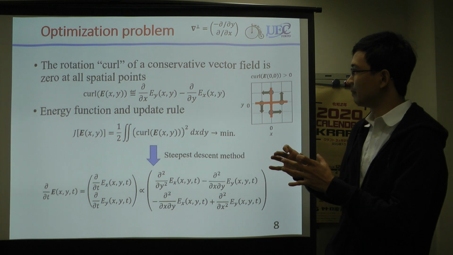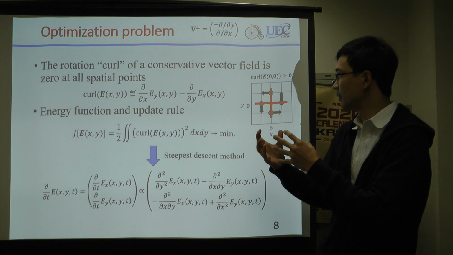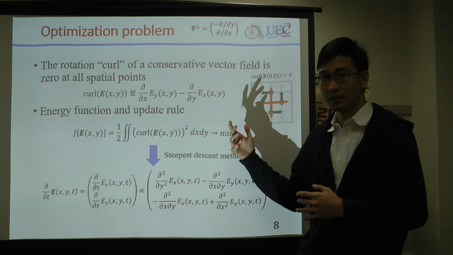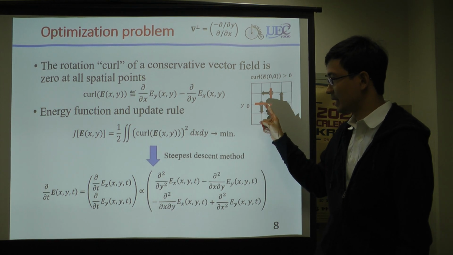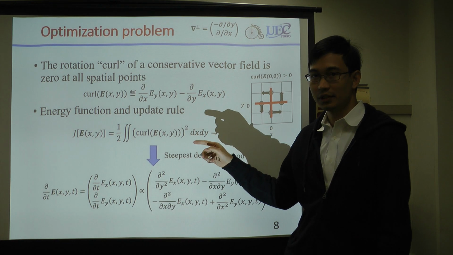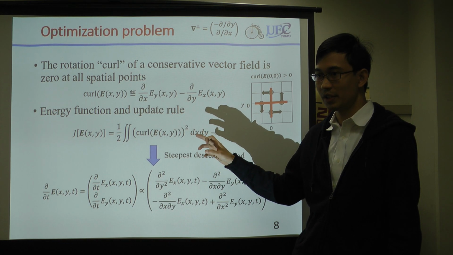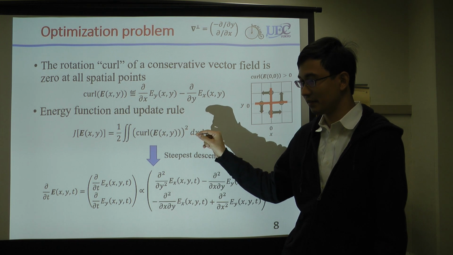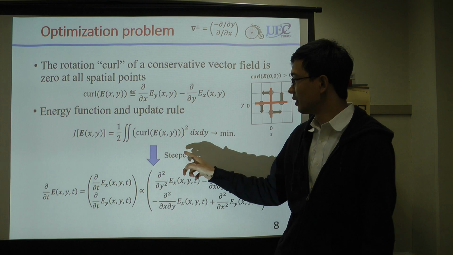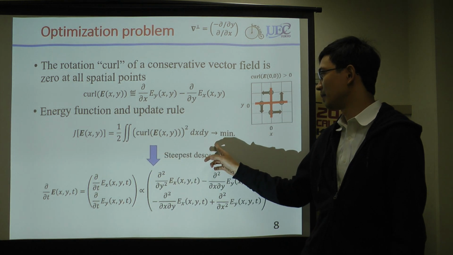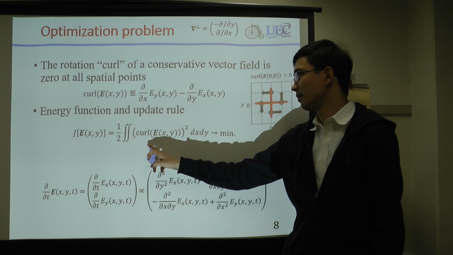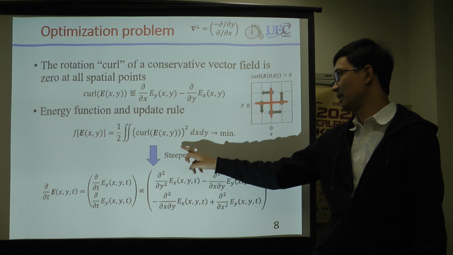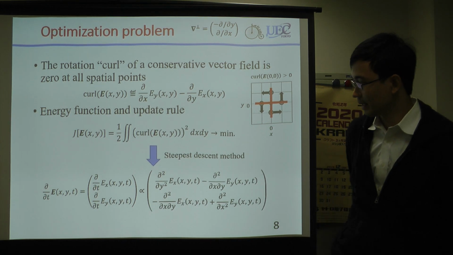So we have a function which calculates rotation or curl, and we want to make sure that the rotation at every point in the vector field is 0. So we formulate an energy function to minimize curl or rotation.